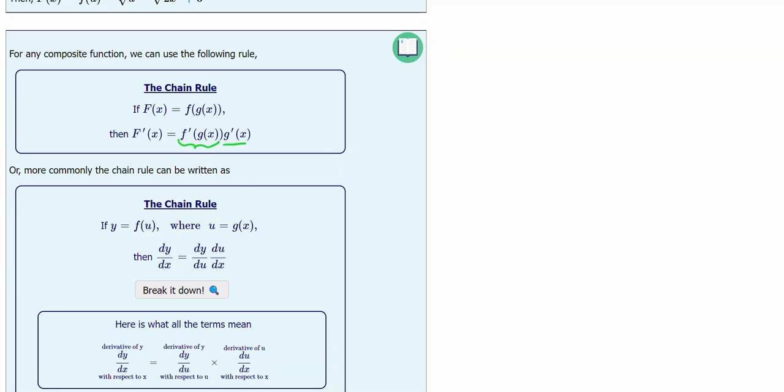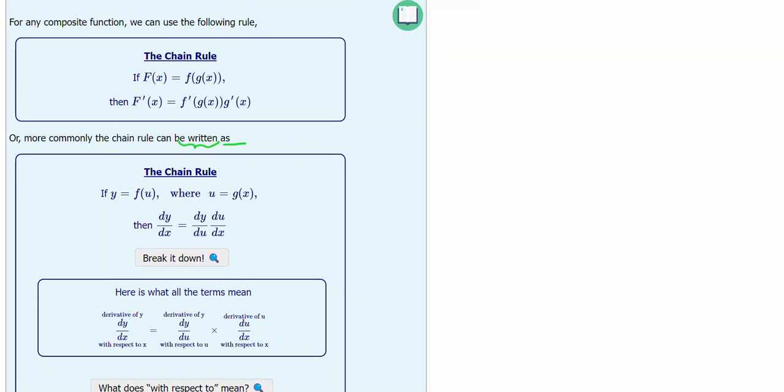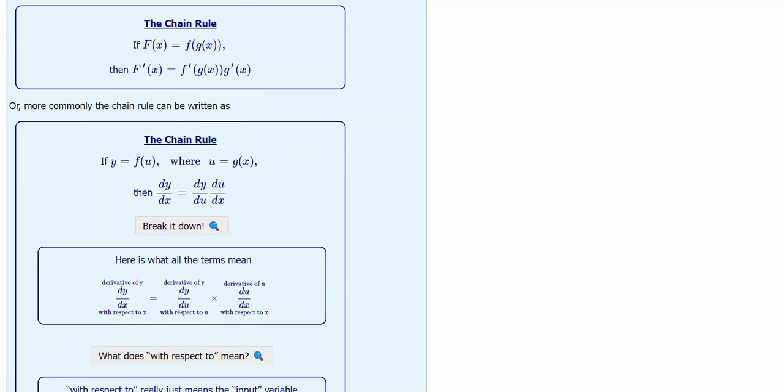Now I keep saying with respect to, and you're probably not that used to it, so what does that really mean? When we have this written, this is saying the derivative of y with respect to x. So that's like saying the derivative of y when x is your input, right? That's like saying when I have f of x, that's the input right there. Now this one, dy du.